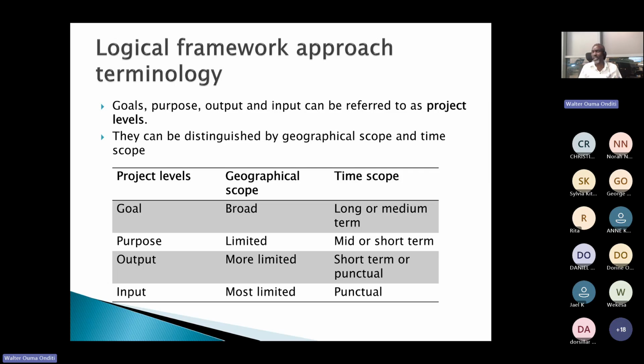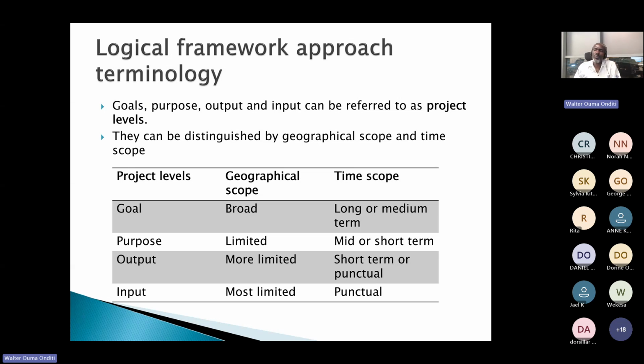The purpose or the outcome level, whatever term you use, the objective, compared to the goal, is not that broad, it's a bit limited. Limited might be an ambiguous word, but simply we are saying the other one is much broader, but this is more specific. Because of that, the time limit for this should be more or less at the end of the project. It should really have been realized.